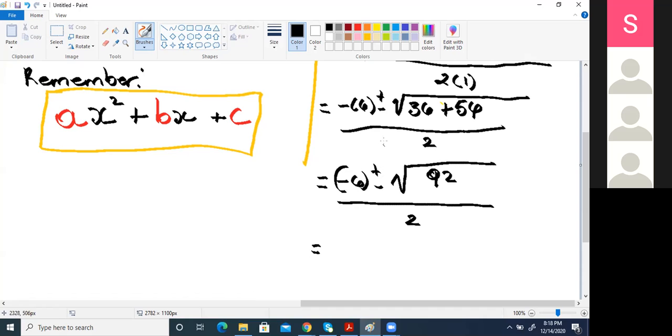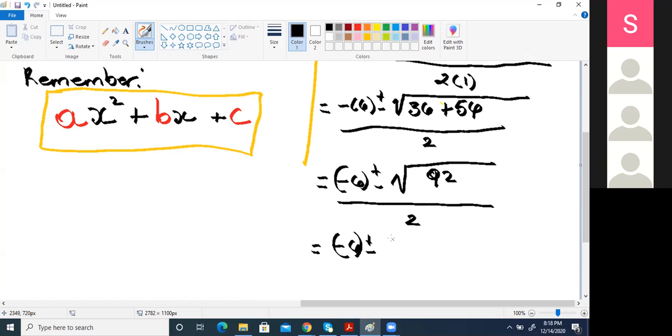All right. So you have negative 6 here. Remember when we work a quadratic, you have two possible solutions. That's where this plus or minus comes in. So you have negative 6 plus or minus the square root of 92.